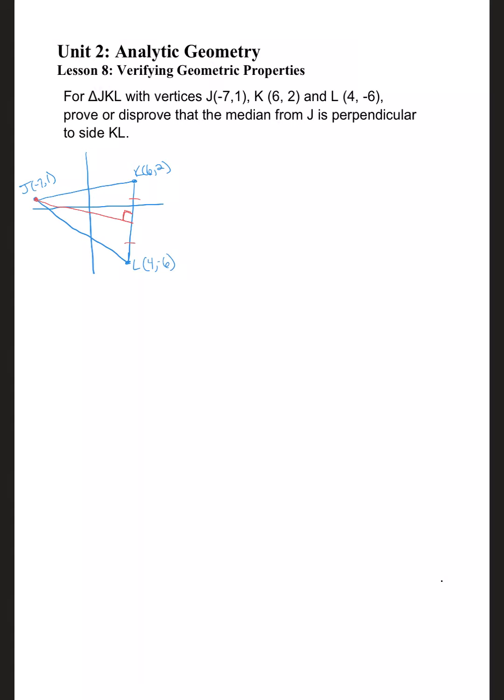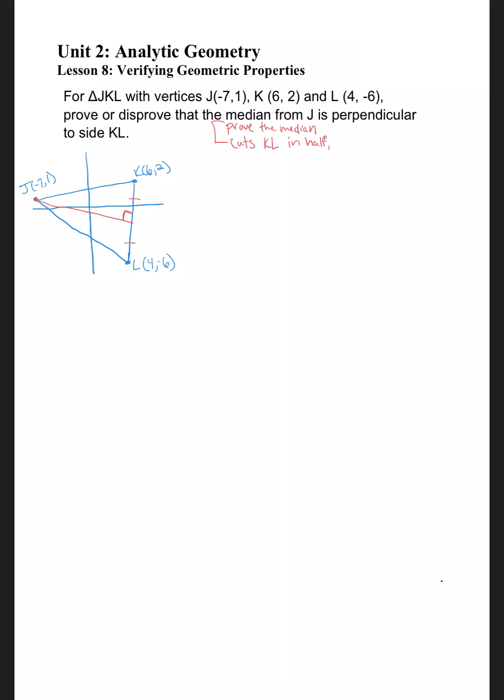So we have to think about what do we know here. So if it's a median, we have to first show that it's going to cut the line it's meeting in half. So prove the median cuts KL in half.